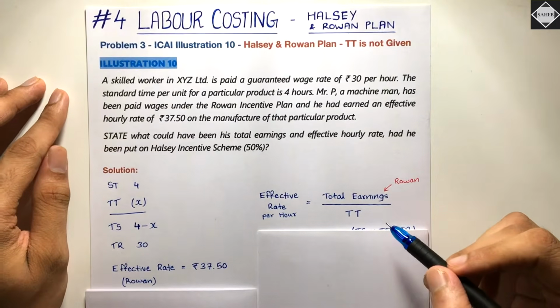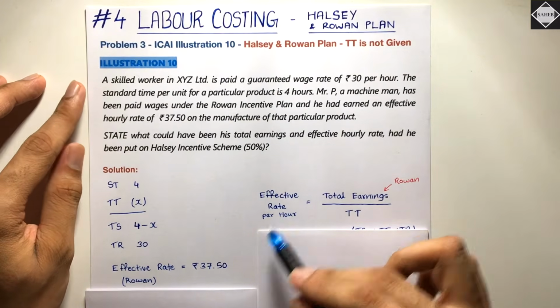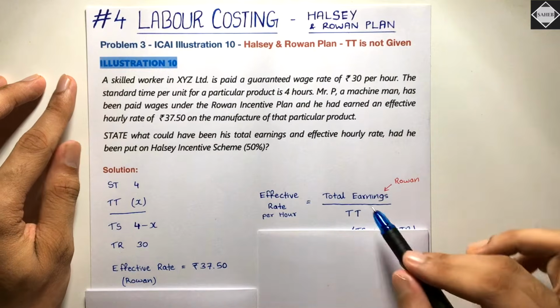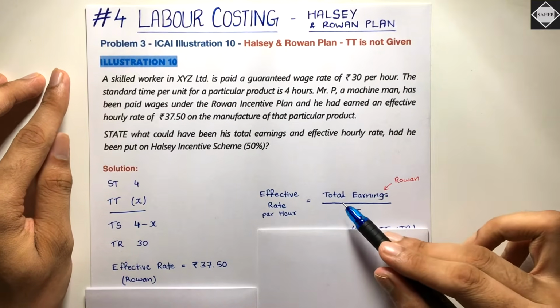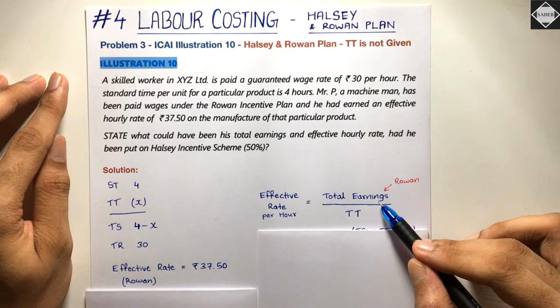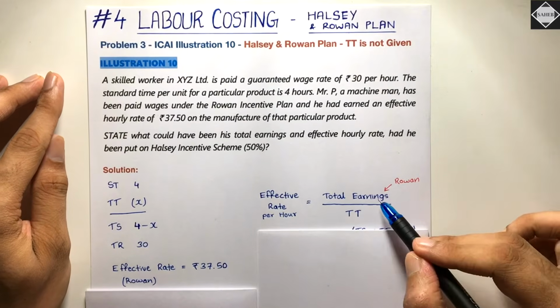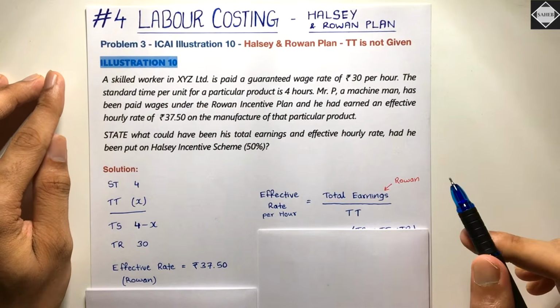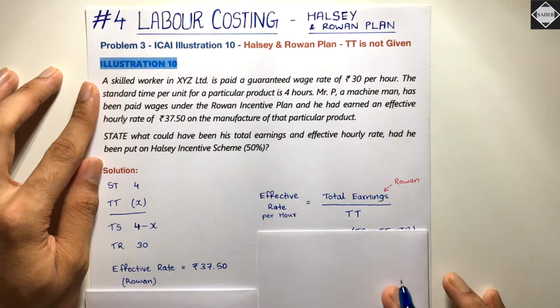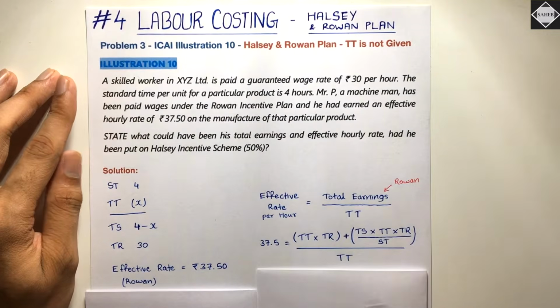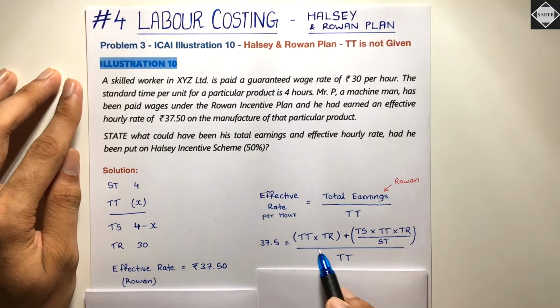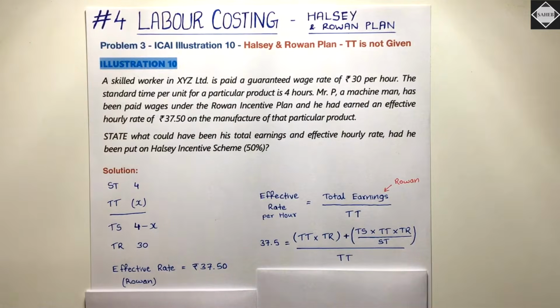Effective rate per hour we know is 37.5. For total earnings, we can use the Rowan formula because his earnings have been calculated by the Rowan scheme. It's really simple: 37.5 and then the Rowan formula. Do you remember the Rowan formula?